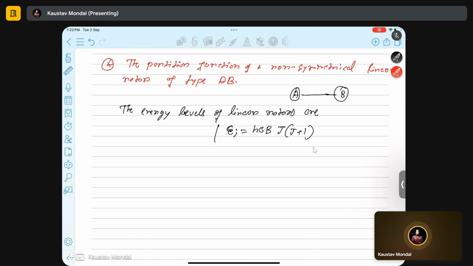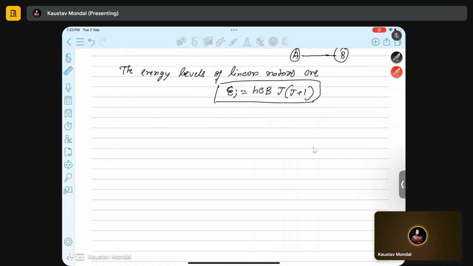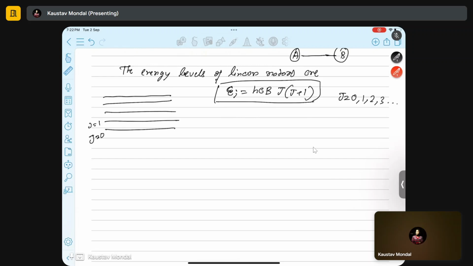This is a very well-known expression for the energy of the different rotational energy levels. Here we also quantize the rotational energy level like this, with J starting from 0, 1, 2, 3 like this. So these are basically the energy levels J equal to 0, 1, 2, 3 and so on.